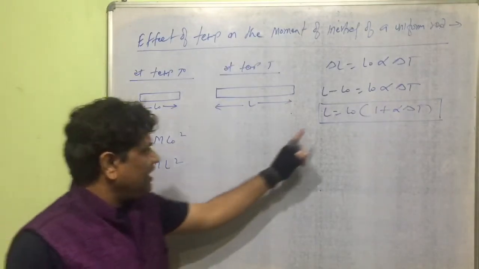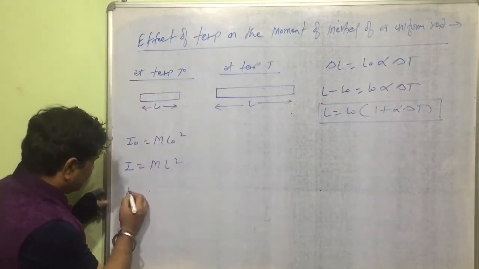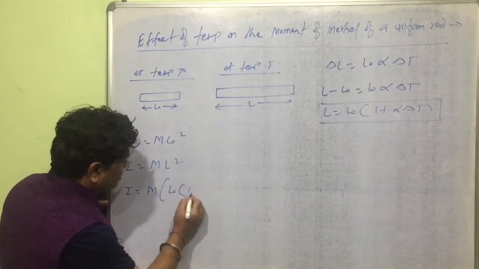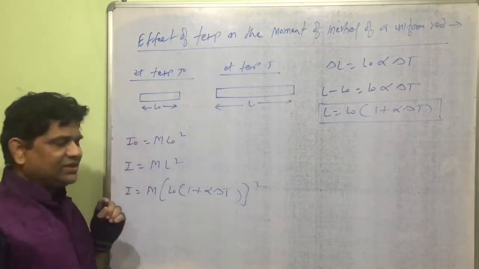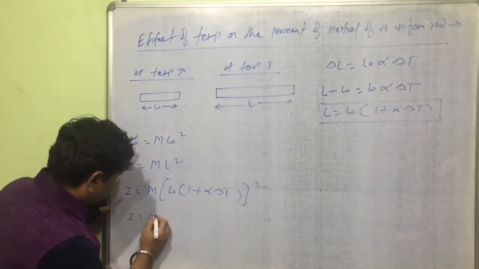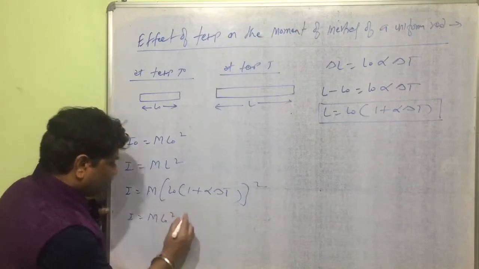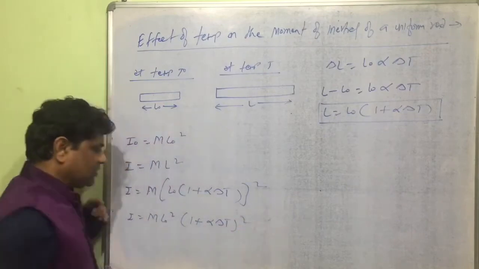Now the value of L we can take from here. What is I? I will become equal to m into L, where L is equal to L naught into 1 plus alpha delta T, whole square. Or I is equal to m into L naught square into 1 plus alpha delta T, whole square.